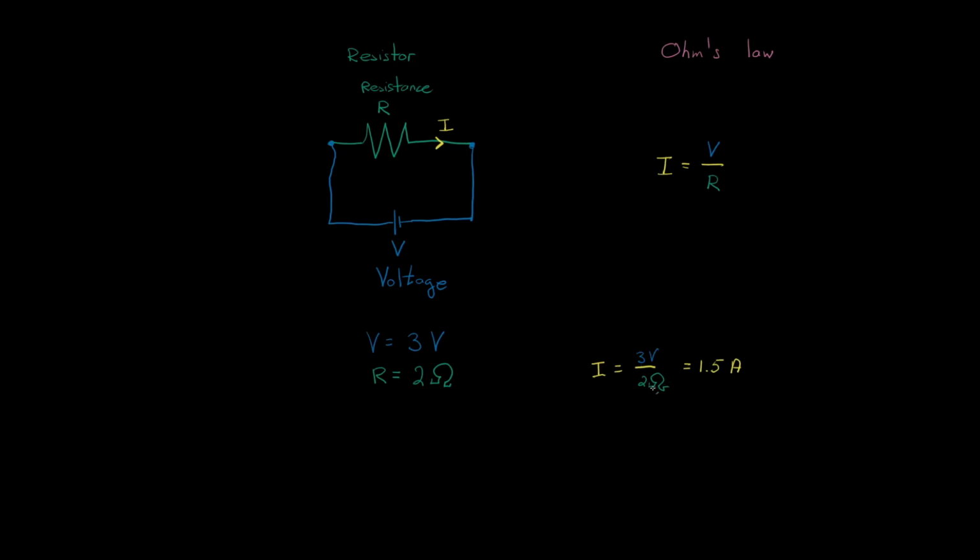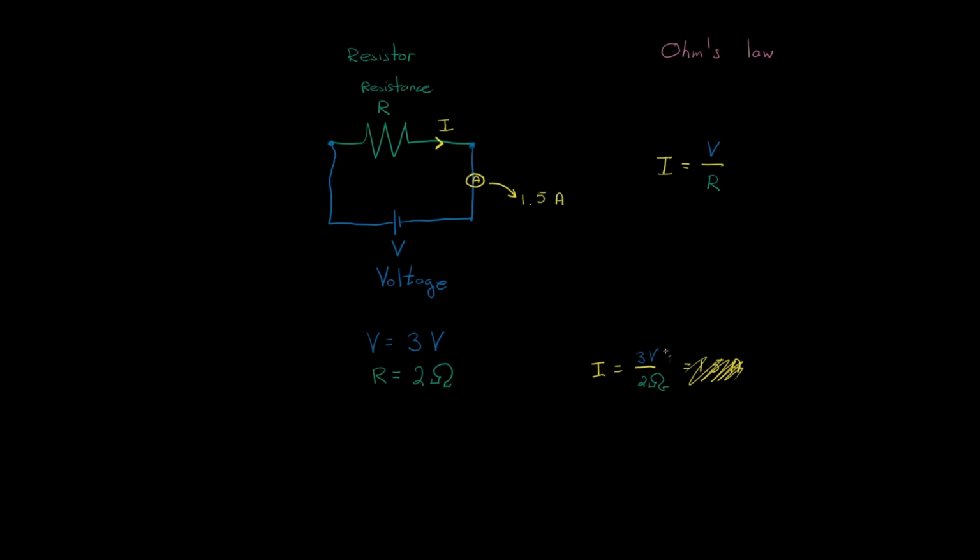Now I did this mentally because I know what 3 over 2 is. But suppose I didn't. I could have measured this using, again, a device that measures current, and I might have extracted this value, 1.5 amps.